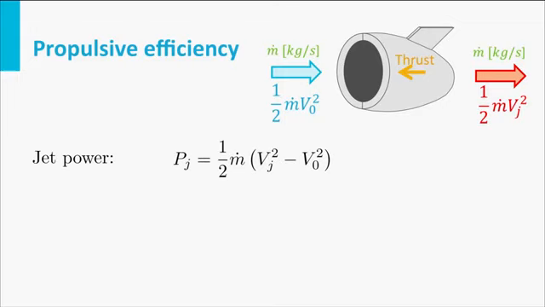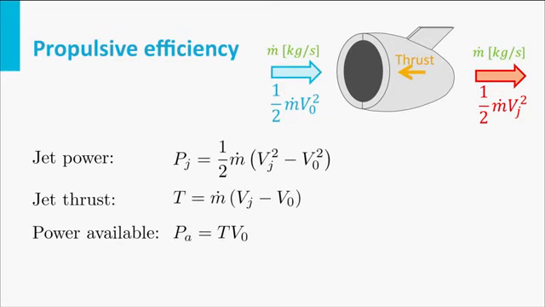Well, we know that this is not the same as our propulsive power. The power available for the propulsion has a different equation, which we derived earlier, and that's the thrust times the speed. And we know that the thrust is generated by the mass flow times the speed difference.